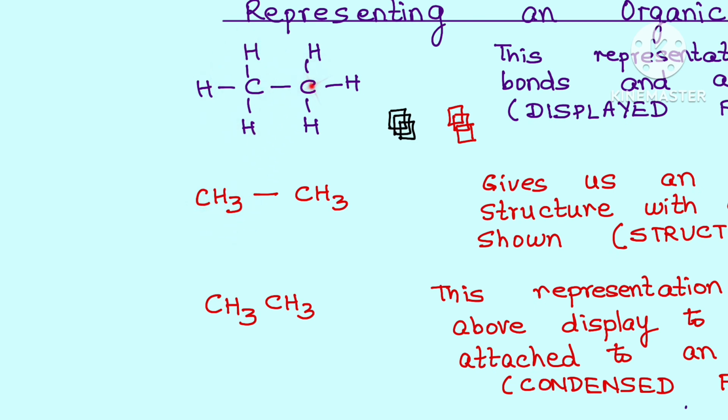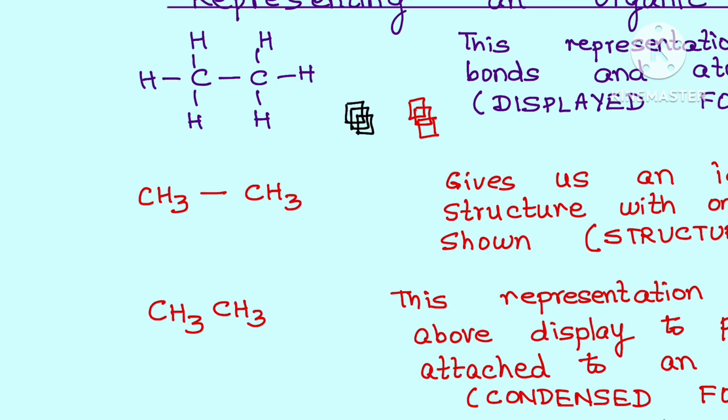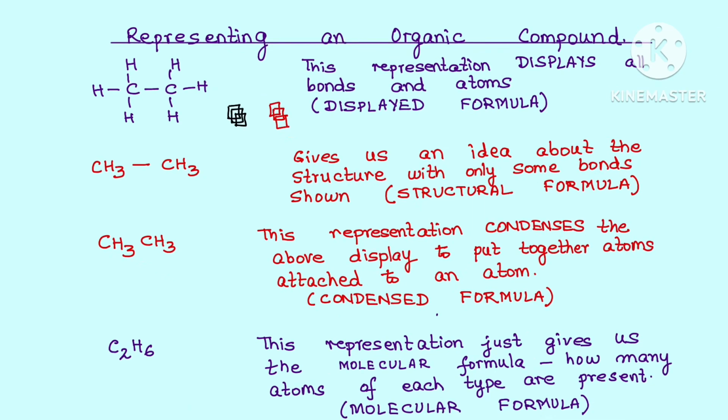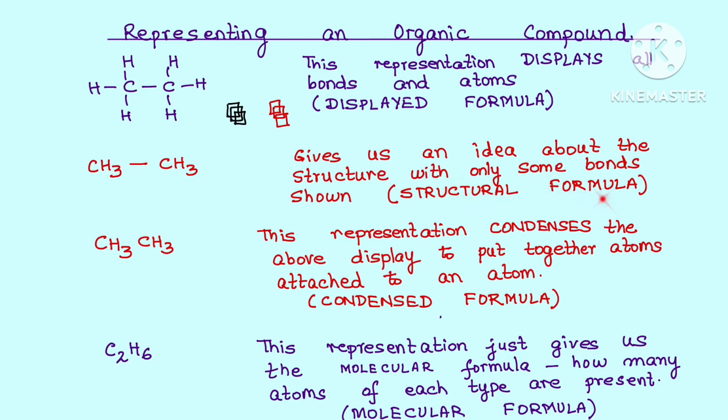CH3, CH3. That means you have brought them together. You have clubbed the bonds in such a way that I do get an idea about the structure, but I don't take as much space as in the above representation. Hence, this is what we call a structural formula. It gives me an idea about the structure of the organic compound.